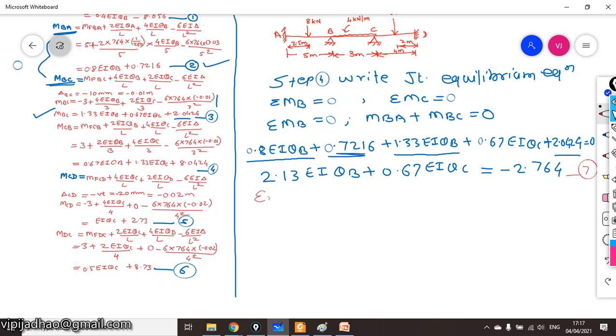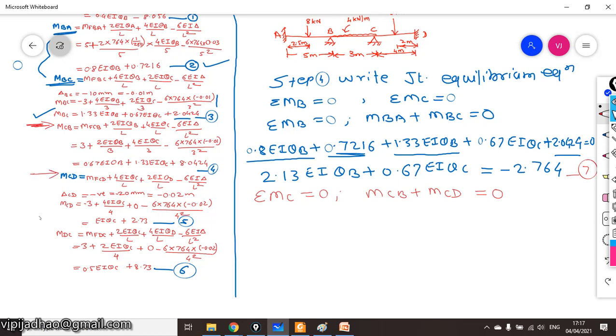Similarly, we have summation of moment about C is equal to 0, that is MCB plus MCD is equal to 0. So we have MCB here, and MCD.